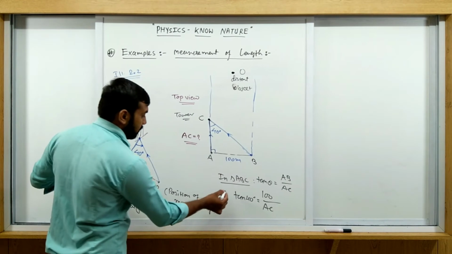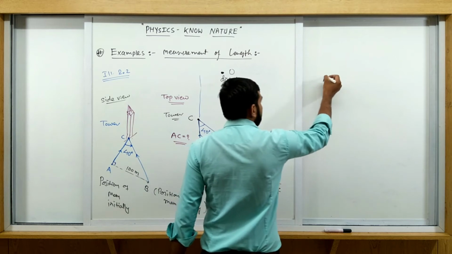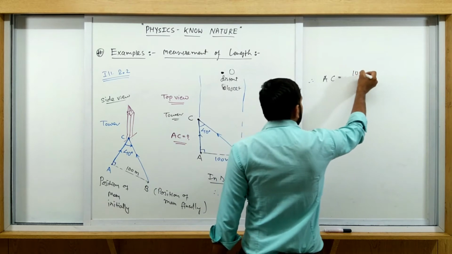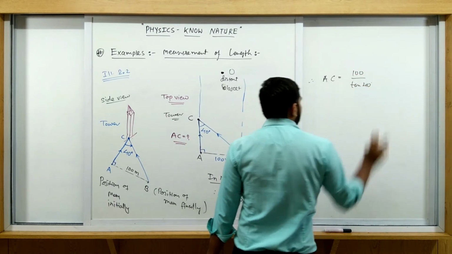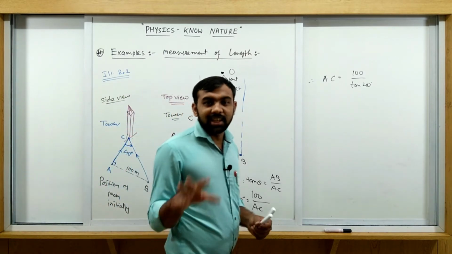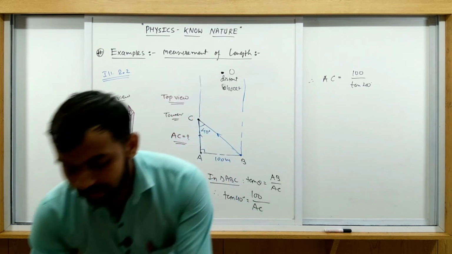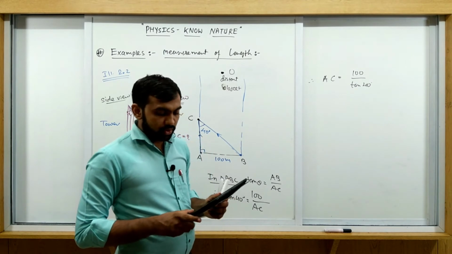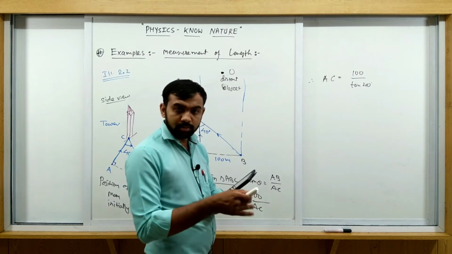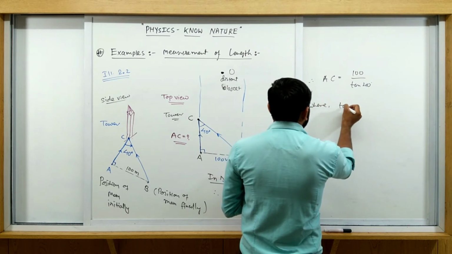So from this, tan 40 times AC is equal to 100, so AC is equal to 100 upon tan 40. Now tan 40 is an unknown value for you, but you can see the tangent table in your textbook or wherever you want, and you get this answer.